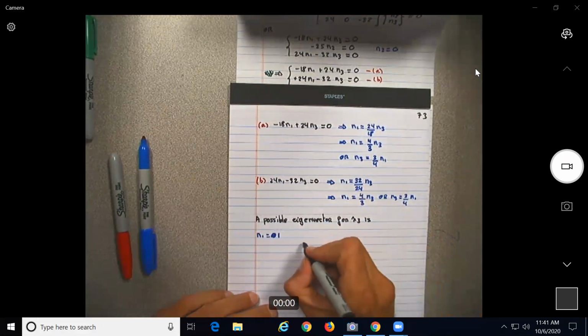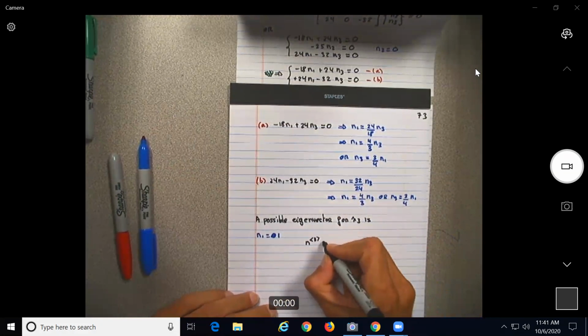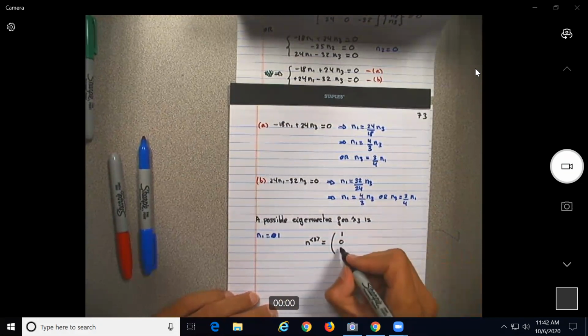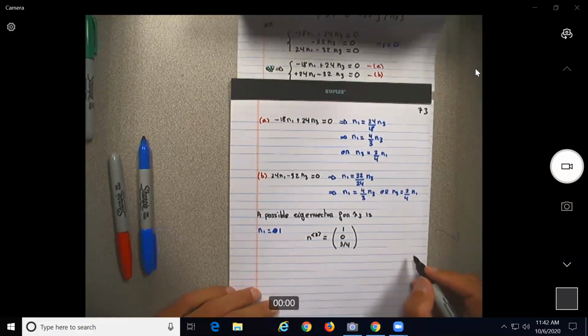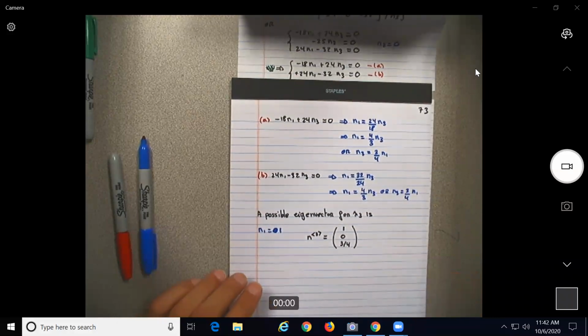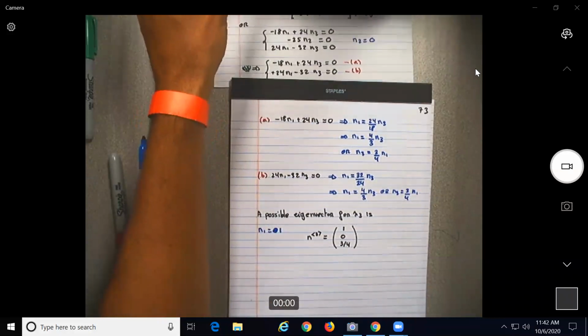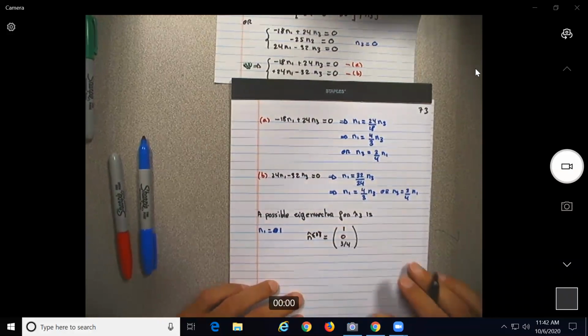And in that case, what will you have? n3 will be equal to 3/4, so the vector is (1, 0, 3/4). Okay? I'm trying to use the same notation, n1 and n2. It's not brackets, it's parentheses, this one.